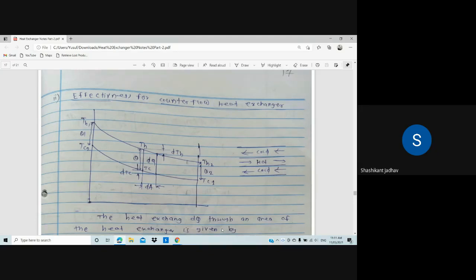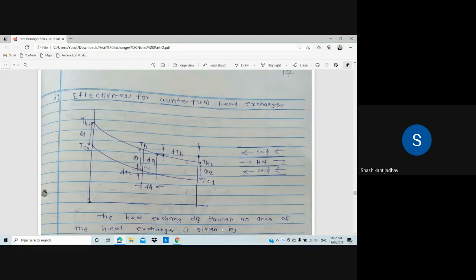Then we are considering one small elemental area dA. The temperature at that small element, hot fluid temperature is TH, cold fluid temperature is TC. That temperature difference TH minus TC is theta, and the temperature of the hot fluid reduces by dTH, and the temperature of the cold fluid increases by dTc.